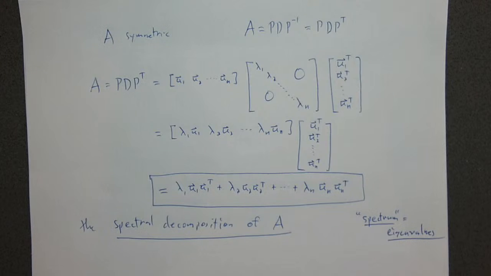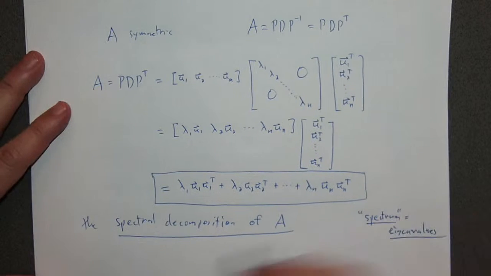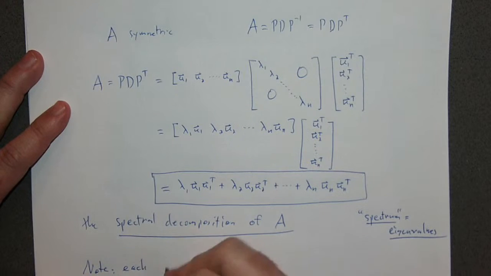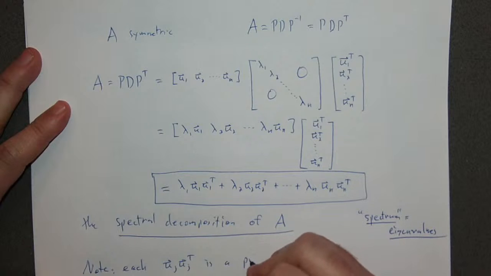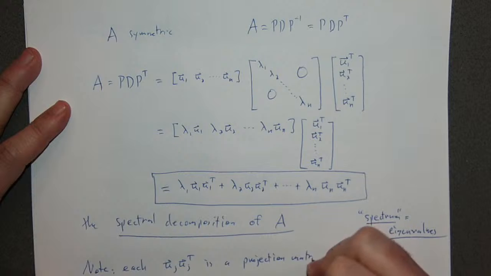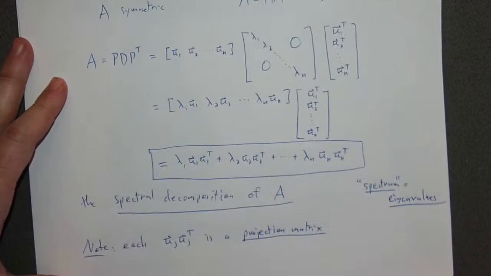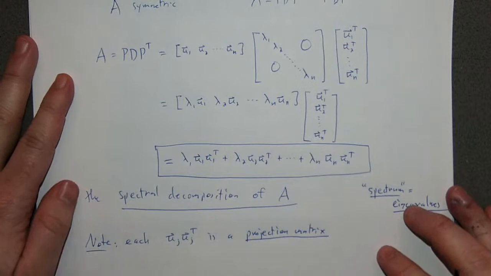Each of these terms is actually really nice. So here's another note. Each Uj Uj transpose is actually what's called a projection matrix. What is a projection matrix?